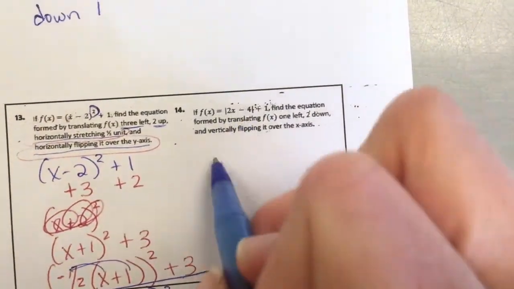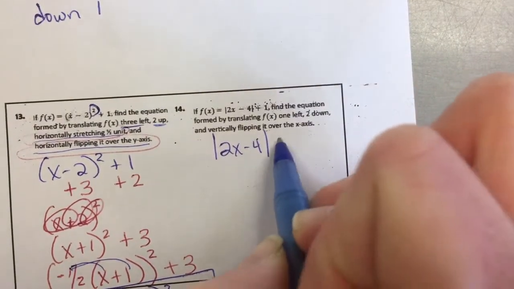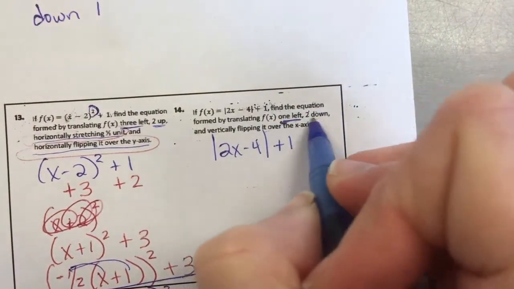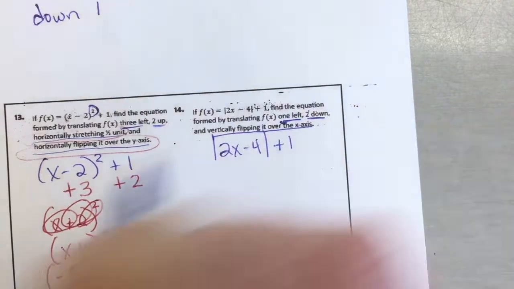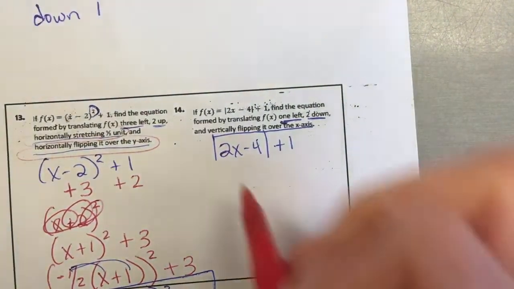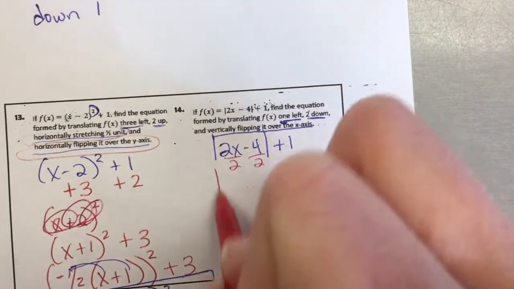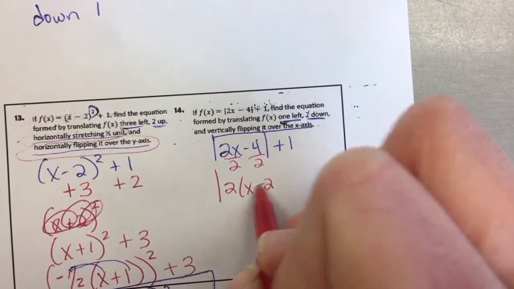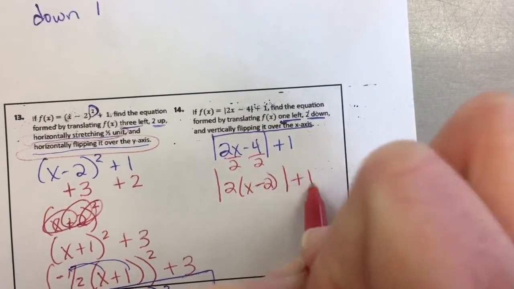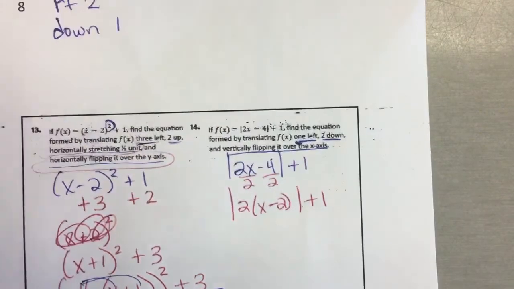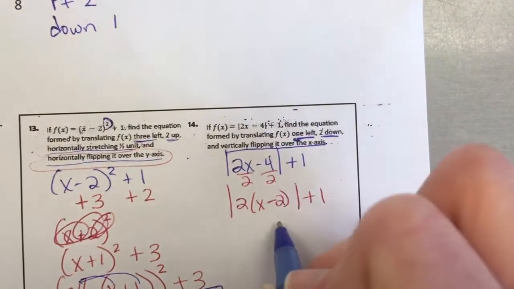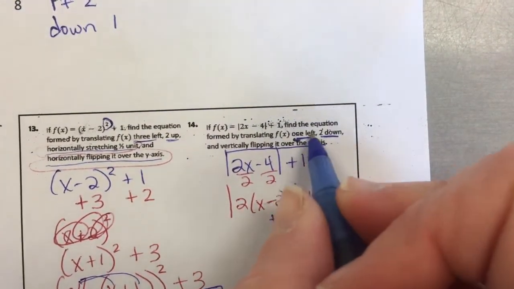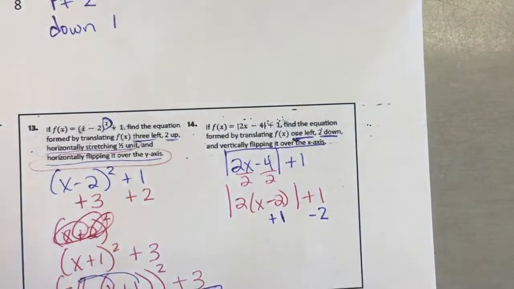Number 14, we have an absolute value function. We need to go 1 left, 2 down, and vertically flip over the x-axis. Remember, before you do anything, you need to factor out this 2. So divide them both by 2. All right, now we're going to go 1 left. So we're going to add 1 on the inside. You do the opposite, and we're going to go down 2.